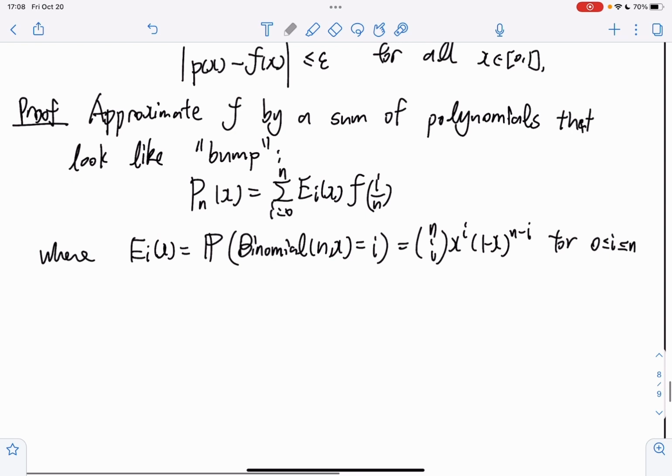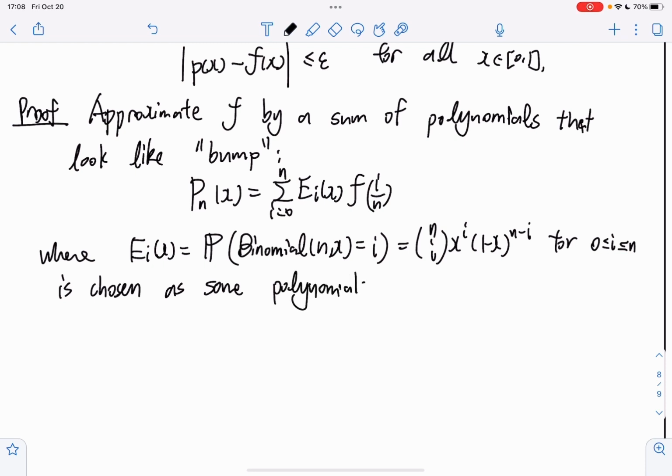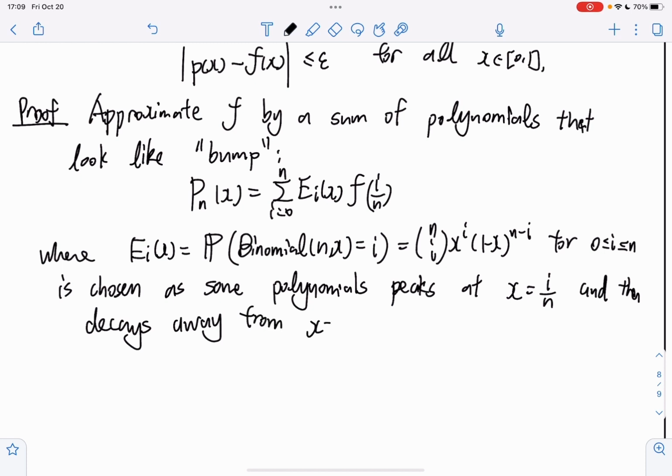This e_i is chosen as a polynomial that peaks at x equal to i over n, and then decays away from x equal to i over n.